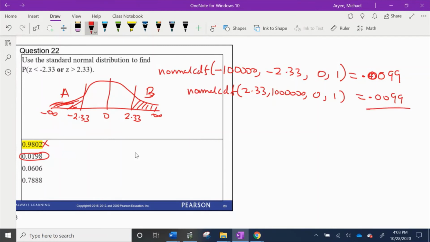Then when you add them, that'll be 0.0199. So the answer should be this. Did you just add this together? Yes. Okay. Usually all problems require some addition.